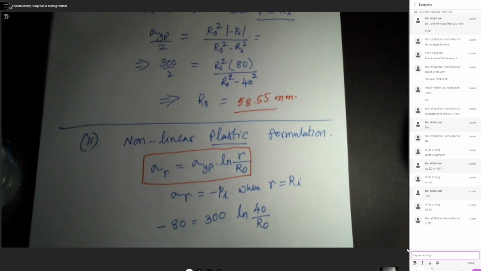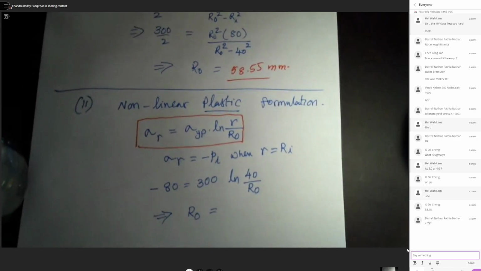So now solve this and find out, under nonlinear plastic formulation, what will be the outer radius? I give you a couple of minutes for this calculation.